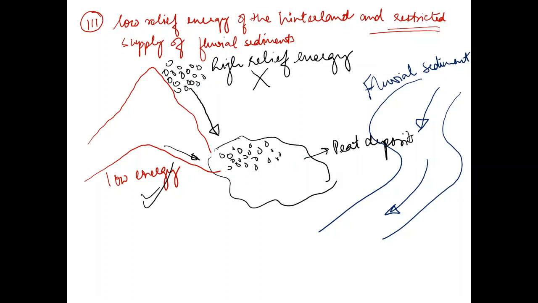They will again get deposited over the peat and it will again not be good for the development of thicker peat deposits. Okay. So the restricted supply of fluvial sediments is another important factor where fewer sediments may allow the peat to develop into thick peat deposits easily.